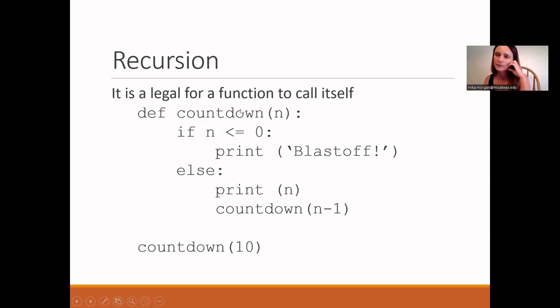This time, after we've already been through it multiple times, now n does equal 0. So we would print blast off and see there is no more call here. I don't go back and start over because there is no recursive call. All I do is just print the word blast off and then I'm done. So that would be the end of the recursive call.